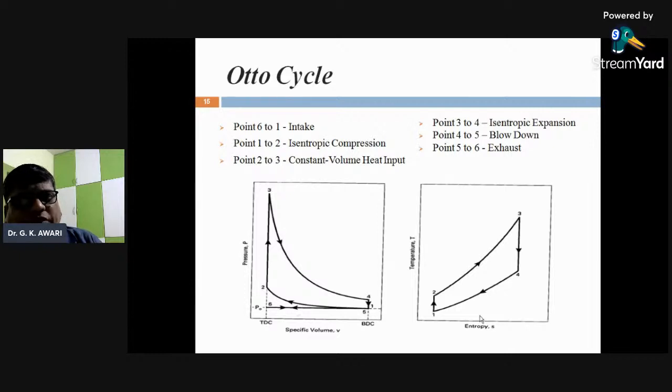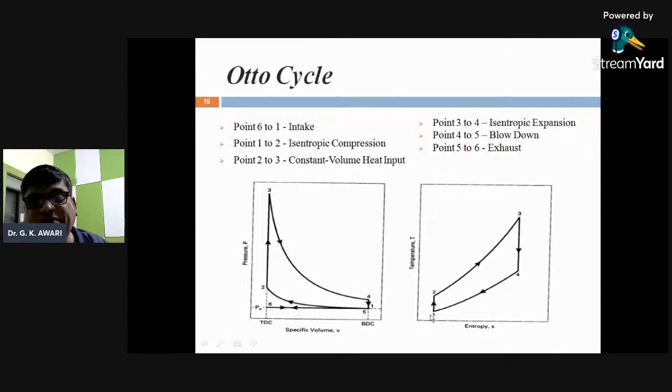Otto cycle. Look at this PV diagram and the temperature entropy diagram. This cycle is nothing but the Otto cycle. In the PV diagram, you can see 1 to 2, 2 to 3, basically the compression where the pressure is increased, then 3 to 4 the expansion, and 4 to 1 the exhaust.